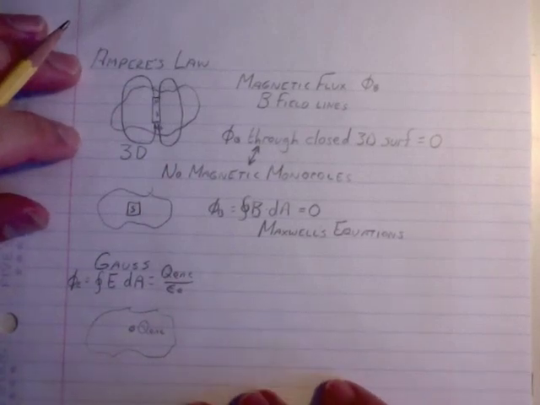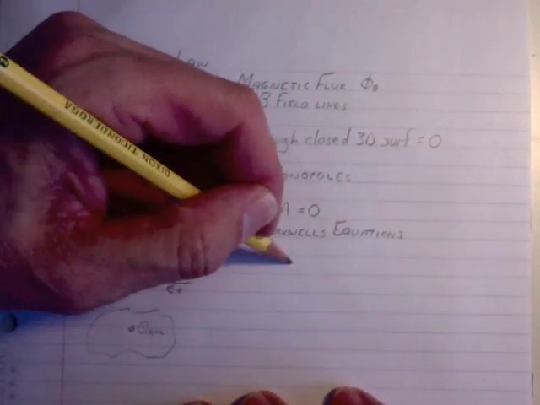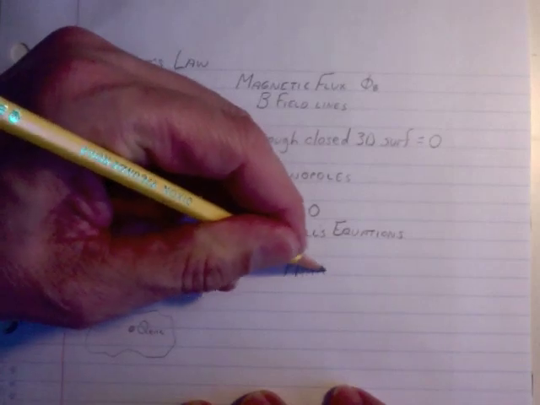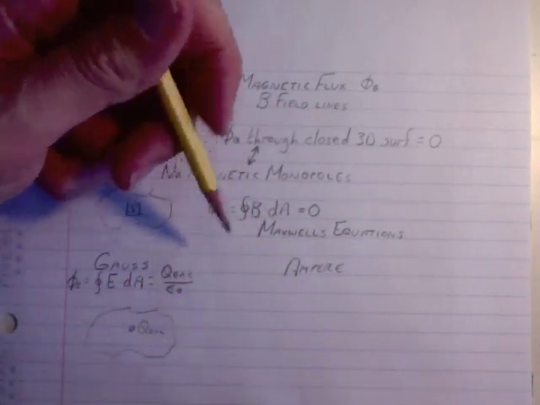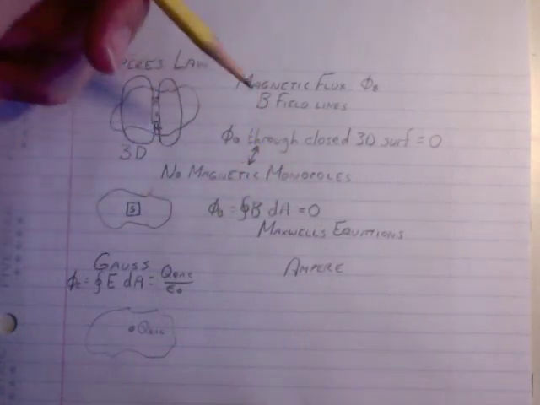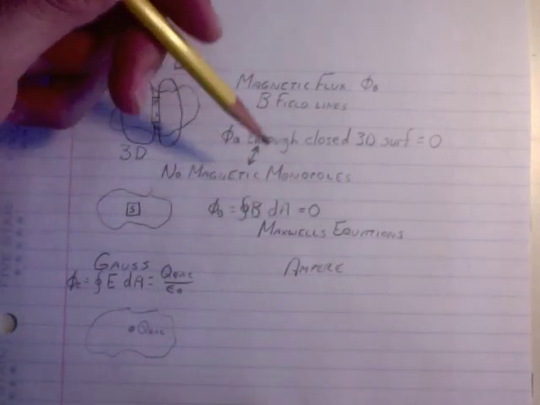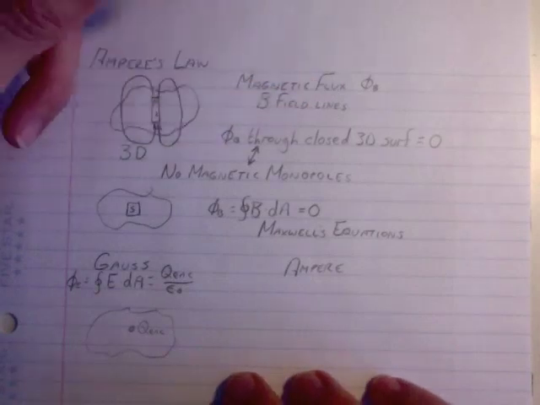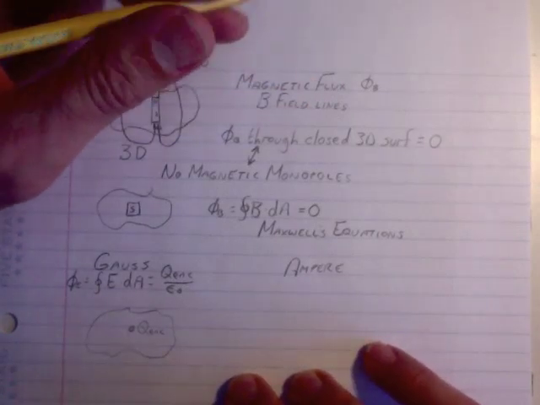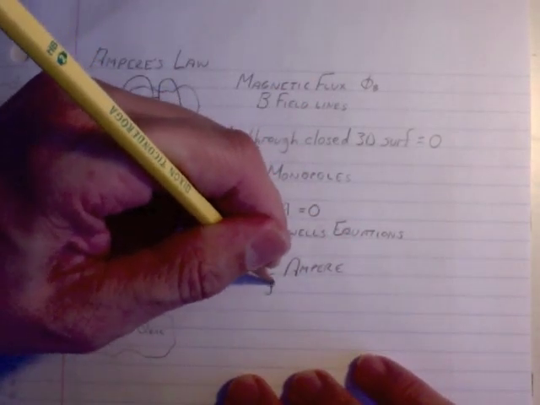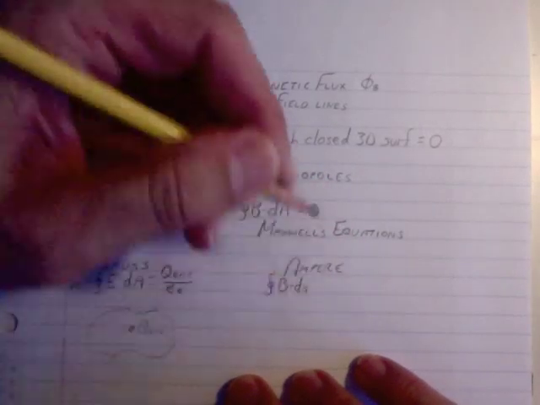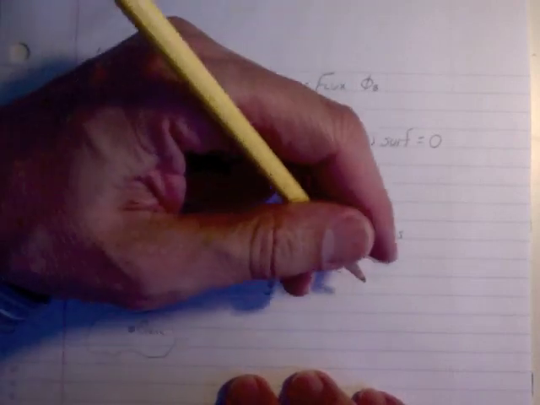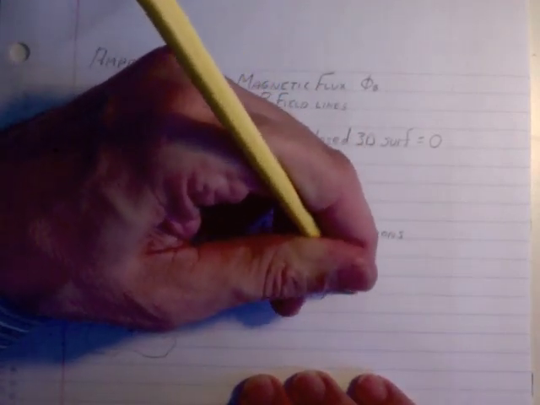Well, Ampere comes along and he said, we already know that we can't use that same formulation for magnets because there are no magnetic monopoles. The net magnetic flux is always going to be 0. But what he said was that the integral of B dot ds ends up being equal to mu 0 I.